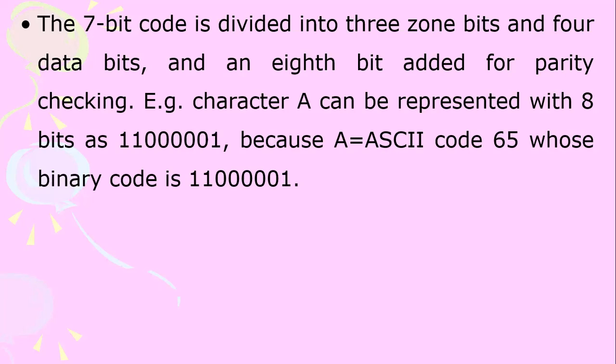And when you convert 65 decimal to binary, it gives you 11000001. So A is equivalent to 65 in decimal.